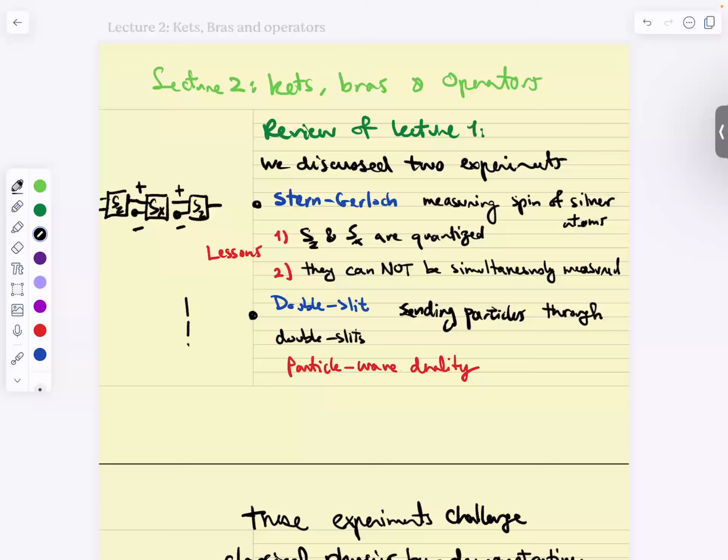We send atoms through double slits, right? And what we are finding is that if we don't observe which slit the particle goes through, what we see here is an interference pattern, but which is inconsistent with the picture that the particle goes through either here or there.